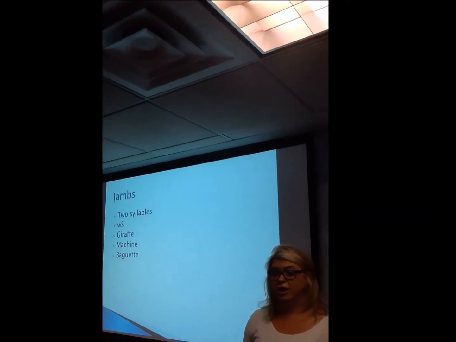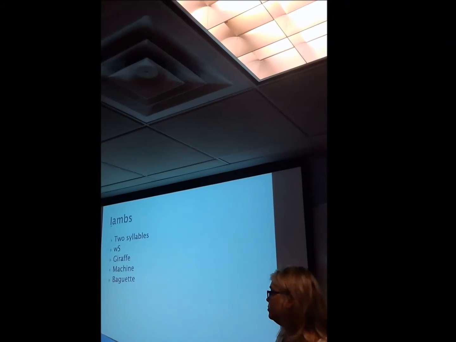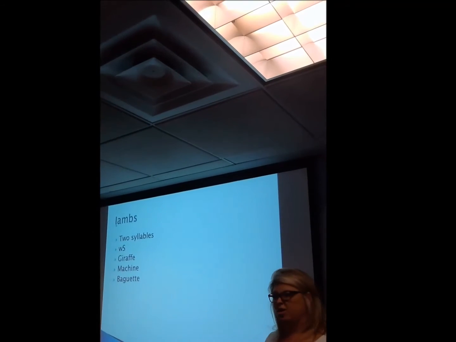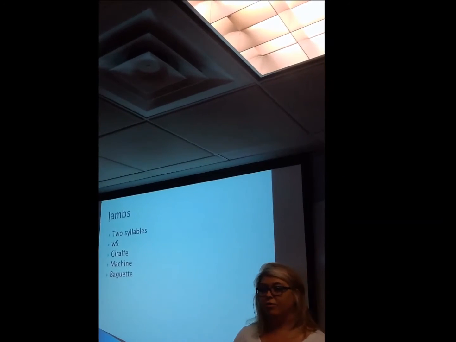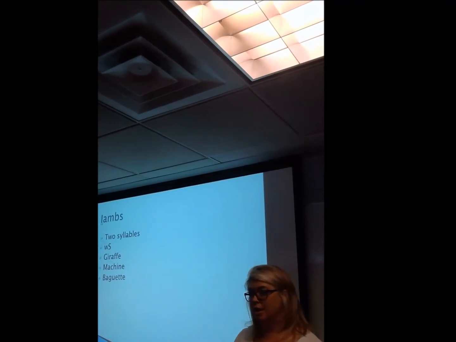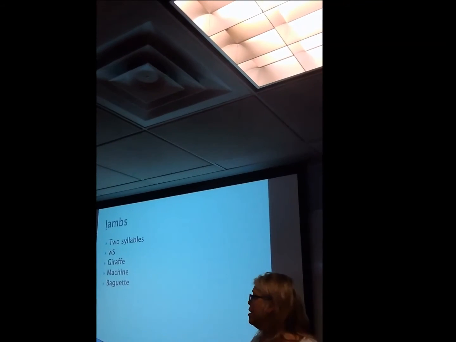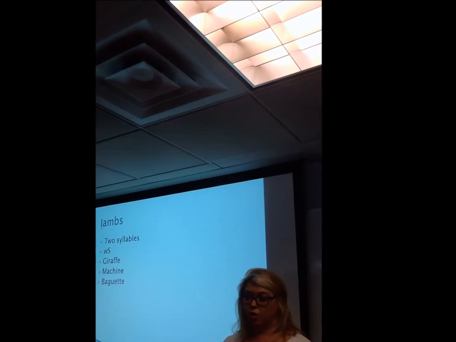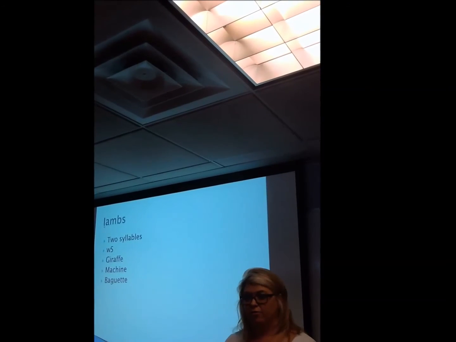Iambs, in contrast, are words that have the weak then strong syllable structure. So what are some examples of weak, strong words that are two syllables? Giraffe. Okay, you do that with me. Giraffe. Do you hear how that's different? If we were going to say it with strong stress on that first syllable, it would sound more like giraffe.